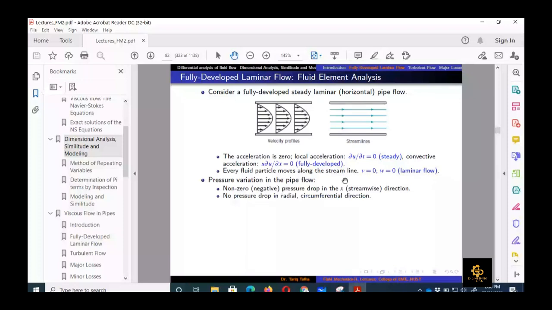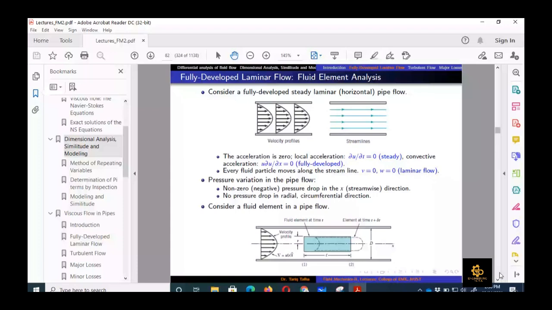So we consider a fluid element in a pipe. At time t, it was a rectangular component, but after some time t plus delta t, it has attained a cylindrical shape. Why is that? Because there is some kind of shear force happening on this element's surface from the neighboring element.